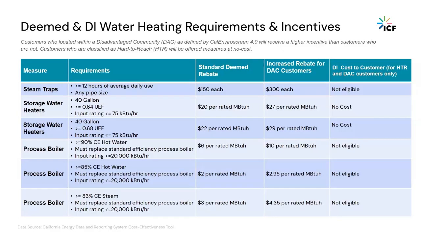And then lastly, we have HTR, which is based on a couple of different factors, mostly employees predominantly being non-English speaking, leasing a building, or having less than 10 employees. So we offer a various amount of measures, boiler measures, storage water heater measures, and those again are paid based off of a unit, whether it's square footage or BTU hours. Next slide, please.